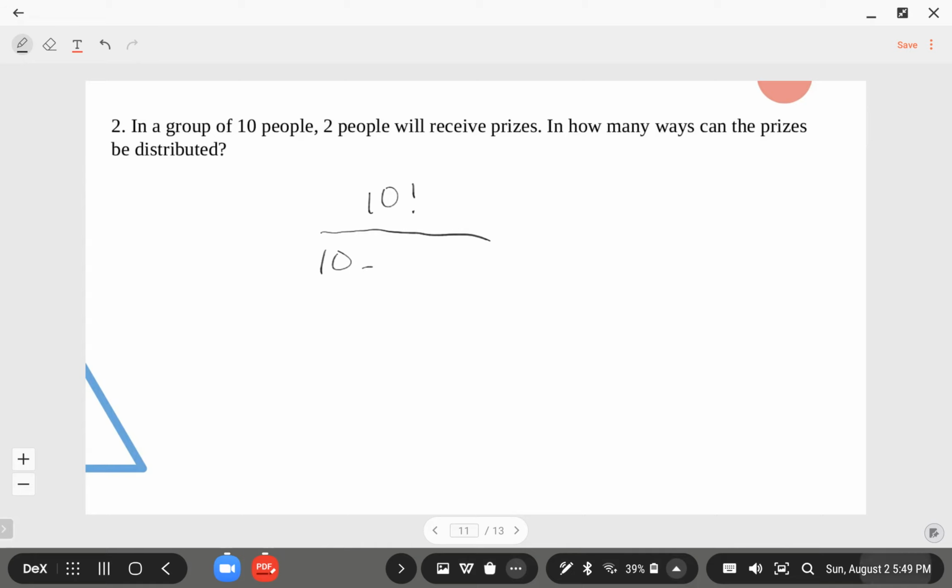And that'd be 2, right? A group of 2, okay? Right here, group of 2. And you just do that factorial times another 2 factorial. And this would equal 10 factorial divided by 8 factorial times 2 factorial. Okay? Very good.